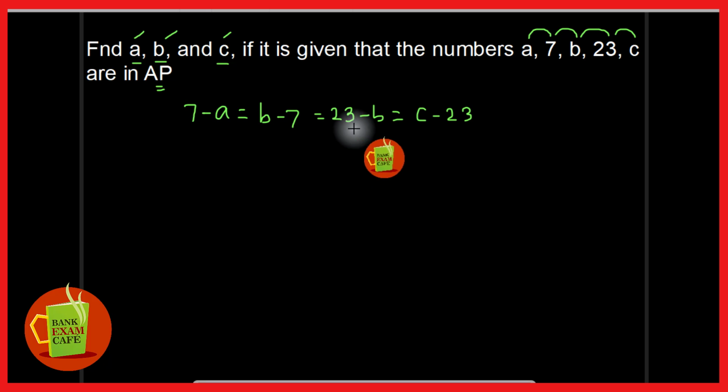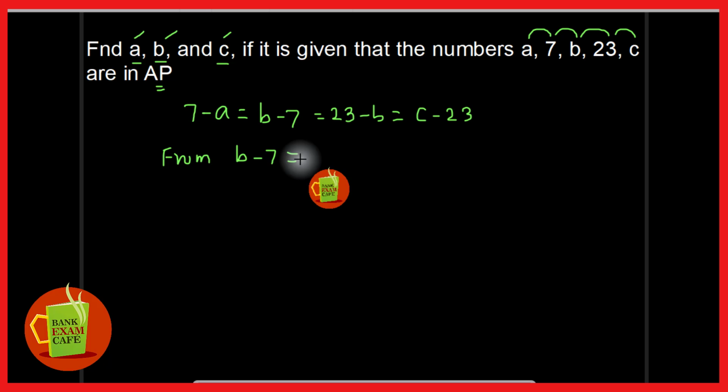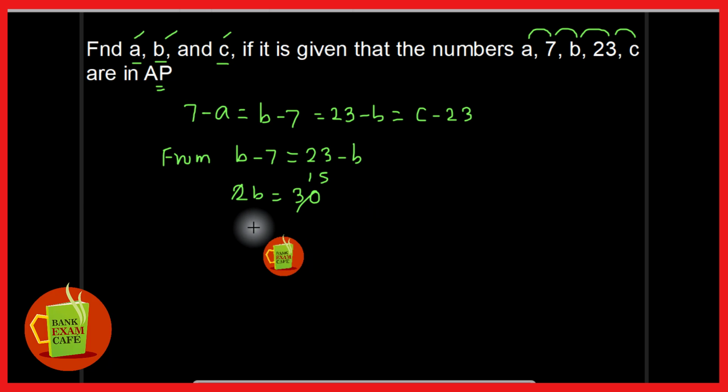Now from the second and the third we can get B minus 7 is equal to 23 minus B. If you take B to this side, B plus B will be 2B, which is equal to 23 plus 7, that is 30, and therefore B is equal to 15.